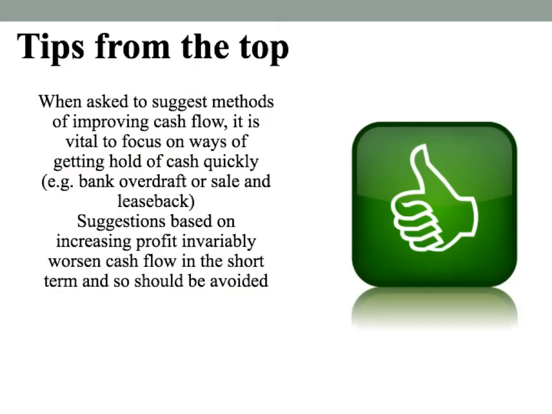I'm going to make a suggestion then. A lot of people, when they're trying to say, oh, we could do this to improve cash flow, they talk about trying to improve our profitability. We don't have cash, so don't tell me I need to spend cash in order to do something. A bank overdraft is always the first port of call.